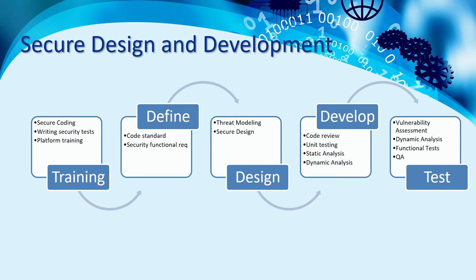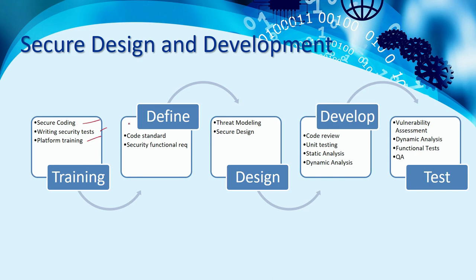So secure design and development, there are different phases here, especially it starts from the training because we identify a team, and as part of that team, the team should be able to perform the secure coding, writing the security test, and platform training.